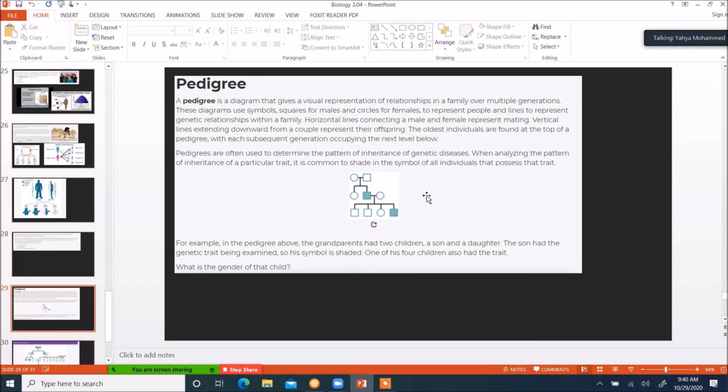Any ideas? What kind of disease is this? Is this an X-linked disease, Y-linked disease, or just from the regular chromosomes? What kind of disease do you think this could be? It could be a Y-linked disease. It's the boy, right?